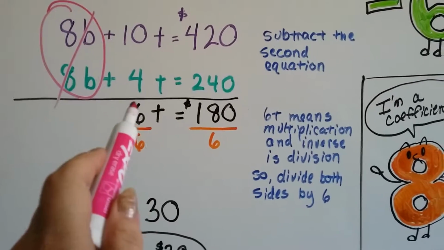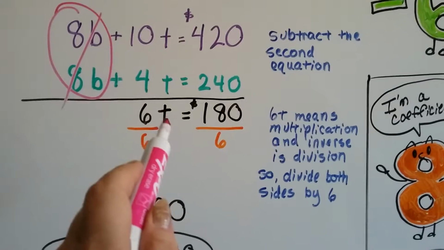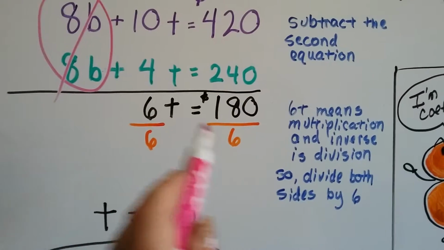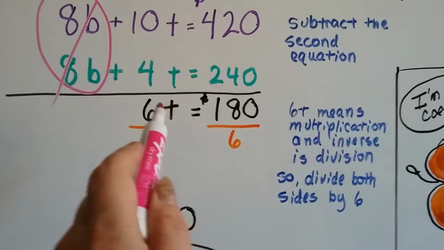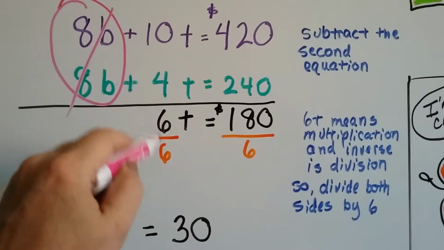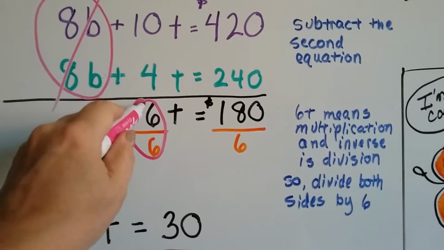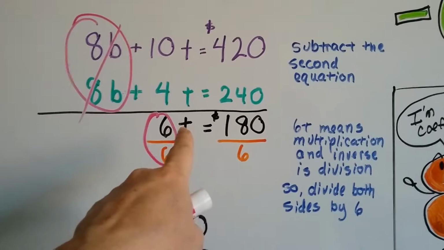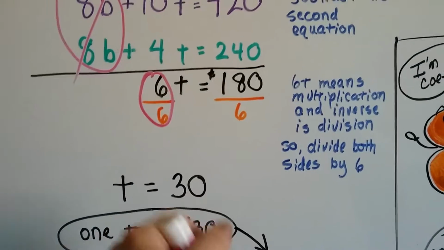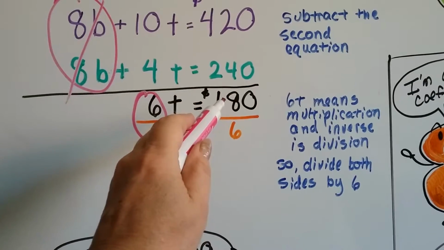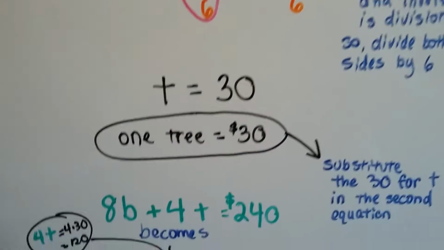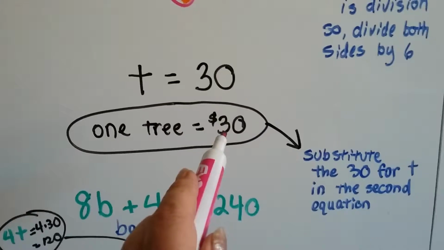So in order to get rid of the 6 and isolate this t to one side, we need to divide both sides by 6, which is the inverse operation of multiplication. That'll undo this to get the t alone. So 6 divided by 6 becomes a 1. Then we have 1t. And 180 divided by 6 is 30. See? 6 goes into 18 3 times, and then we add the 0. 3, 0. So now we know that 1 tree is $30.